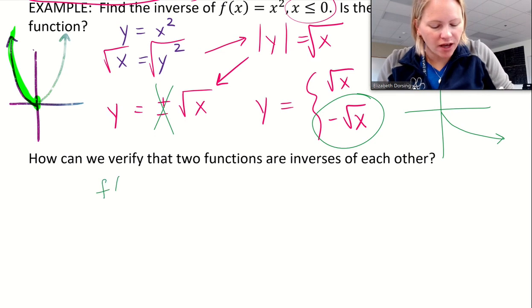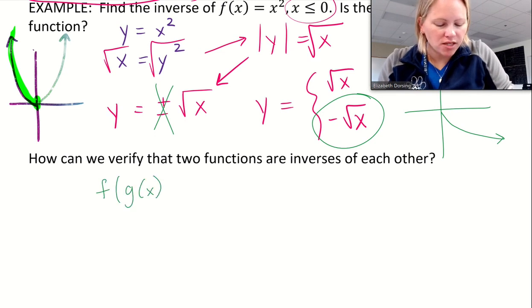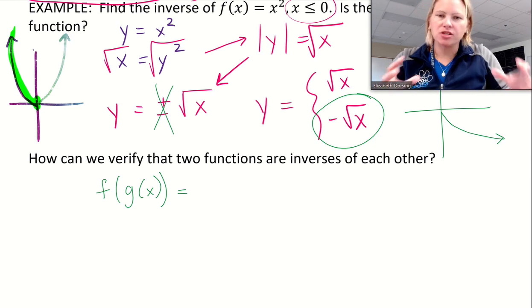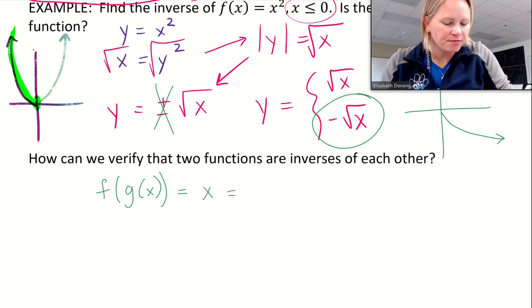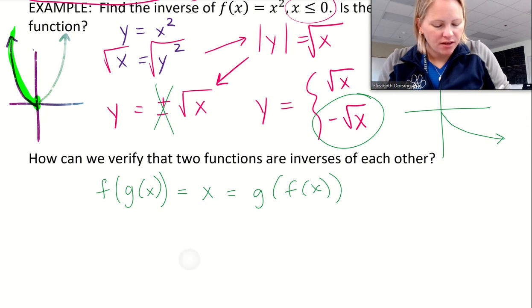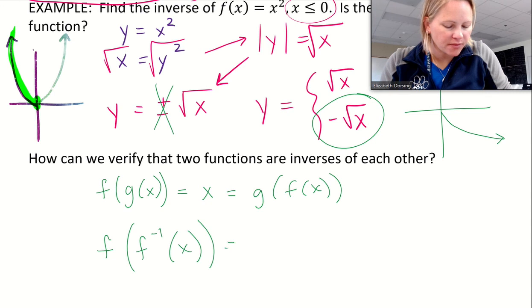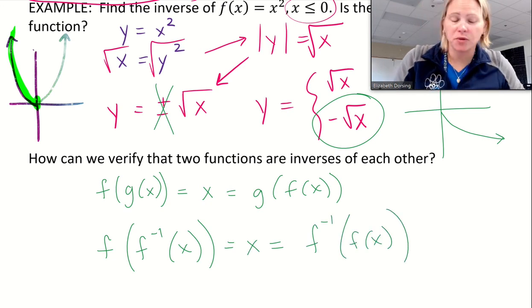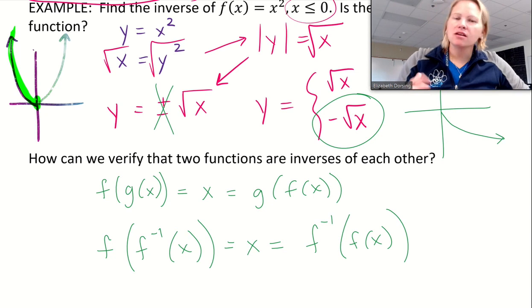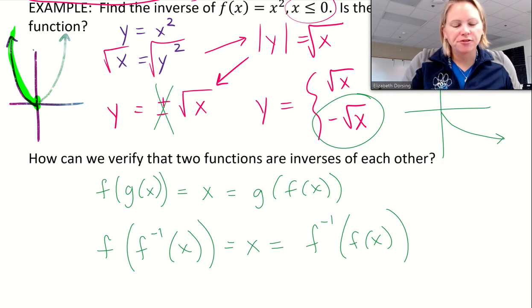When we verify, what we do is we say, when we do the composition, we get x. So we can also think of it like this, using that inverse notation. That's kind of weird. So that's how we can verify that two functions are inverses.